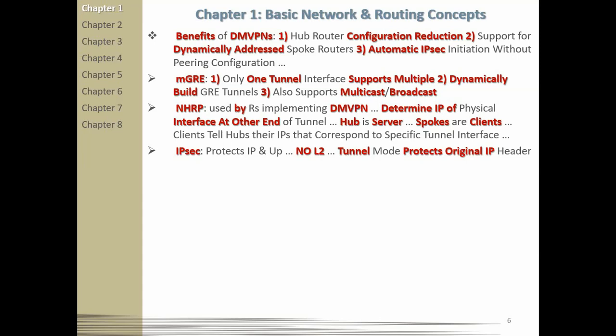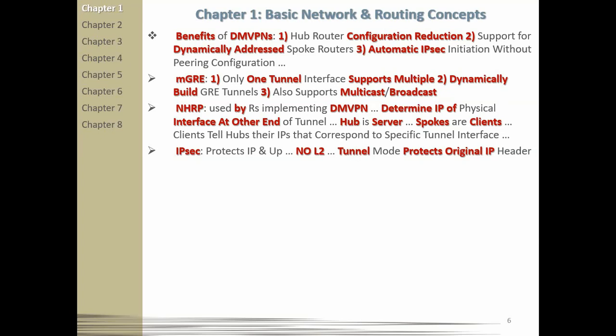So, in summary, configuration of the hub router is shortened and simplified due to the fact that it does not need to have GRE information or IPsec information about the peer router or routers in advance, and all the information required is already learned dynamically through a protocol called NHRP, Next Hop Resolution Protocol.